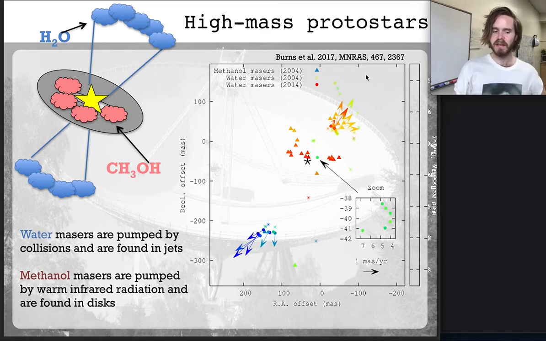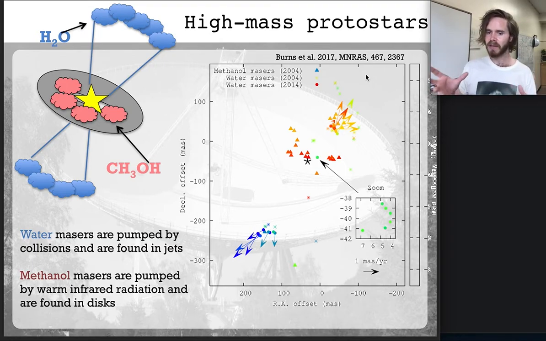So the important thing to mention here, actually, and this is one of the reasons why masers are so useful, is that we can't see that jet and we can't see that disk because we don't really have the observational facilities that can easily resolve those regions and even see them, because this whole system is happening deeply embedded inside a dense cloud of gas and dust.